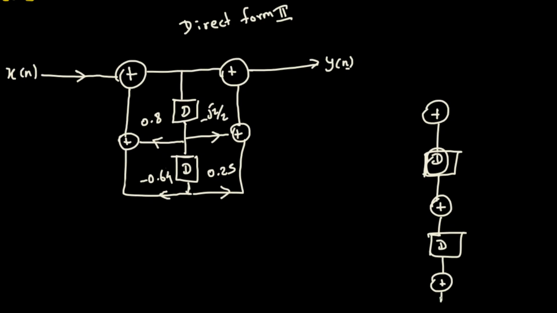So we end up getting this. And then x of n, y of n, we can keep it as it is. And then we have to flip the values. So here, if it's negative root 2 by 2, then I put that one on this side, connecting to the pluses.